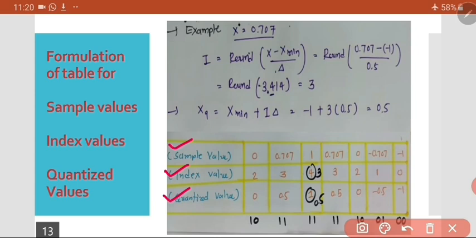So putting the values in this equation, we can formulate this table and we will get these values one by one. You can do the practice so you can understand it better. Okay, so how this table will be helpful to us in the analog signal to digital signal conversion, we can see over here.